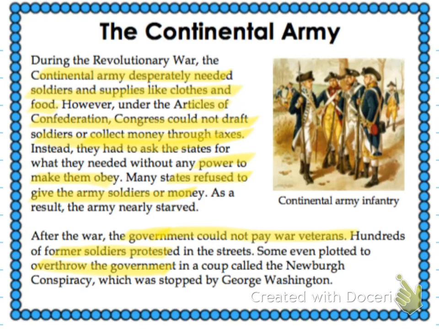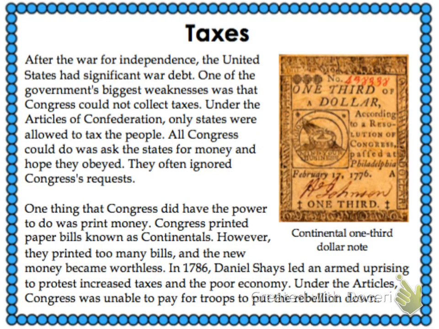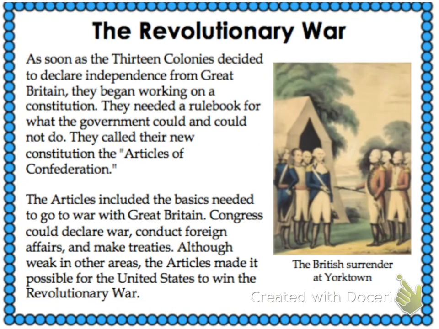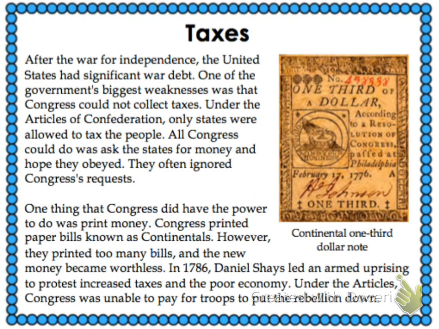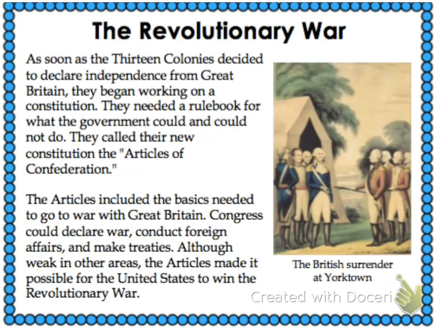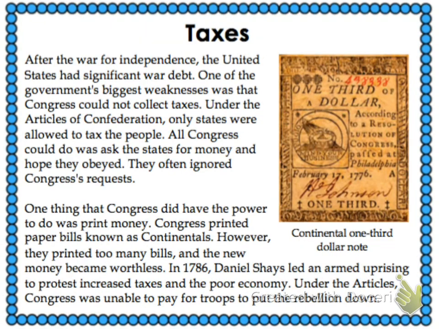Okay? So what's going to happen next after you have completed these two with me? I'm going to read for you the little section about taxes, and about the Revolutionary War. I'm going to help you highlight, but it's on your own to figure out if you believe that the taxes and the Revolutionary War were strengths or weaknesses. So here we go with taxes.